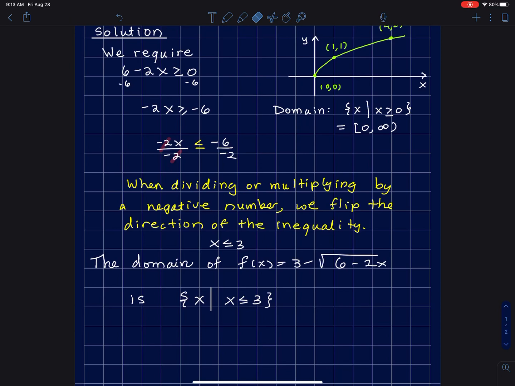But we're supposed to write our answer in interval notation. I just want to write it a little neater.